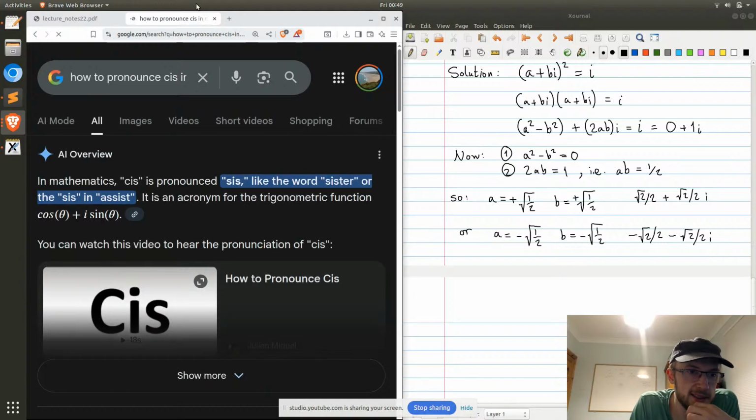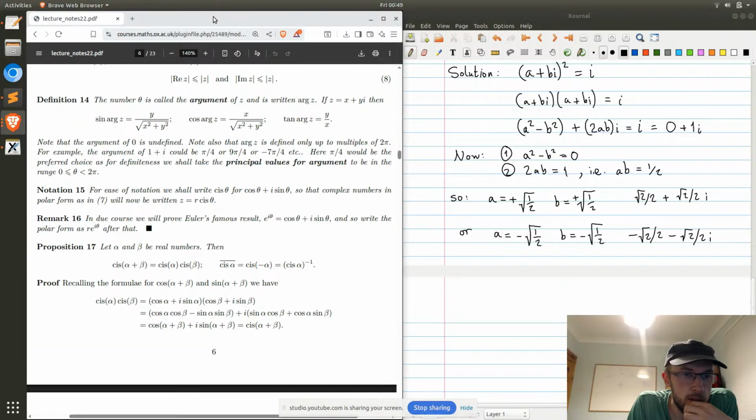We're just going to say cis. So that's cosine of theta plus i sine of theta. In due course, we will prove Euler's famous result, e to the i theta is equal to cosine of theta plus i sine of theta, and so write the polar form as r times e to the i theta after that.